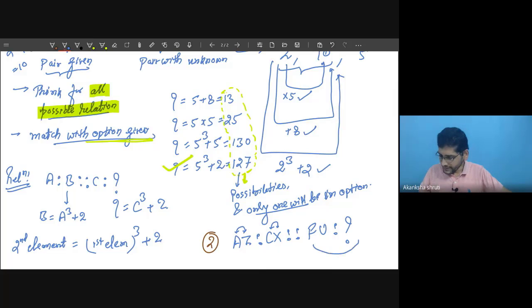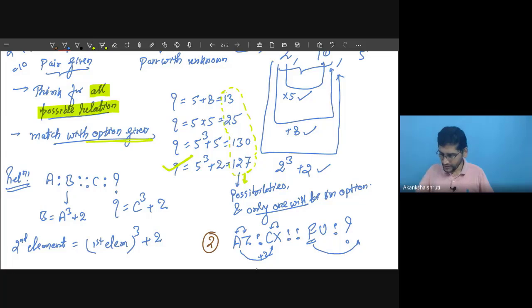Now, FU, what will be the next? For the next one, we need the first character of the next group also. For that, we have to observe among these given pairs. AZ, CX are within the pair, but from the first element of one pair to the first element of the next, A to C means it is increased by 2.